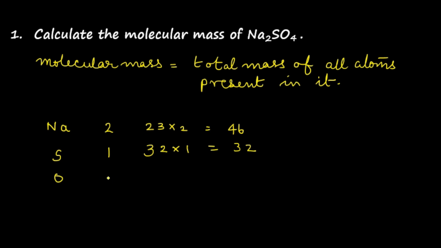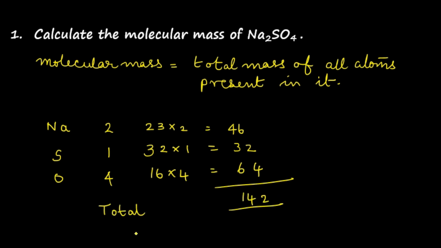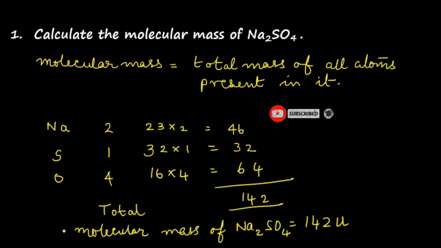Oxygen, number of atoms present 4, atomic mass of oxygen is 16, so 16 into 4, that gives 64. Now total 142. So the molecular mass of sodium sulfate is 142. So that is the answer. I hope it is clear.